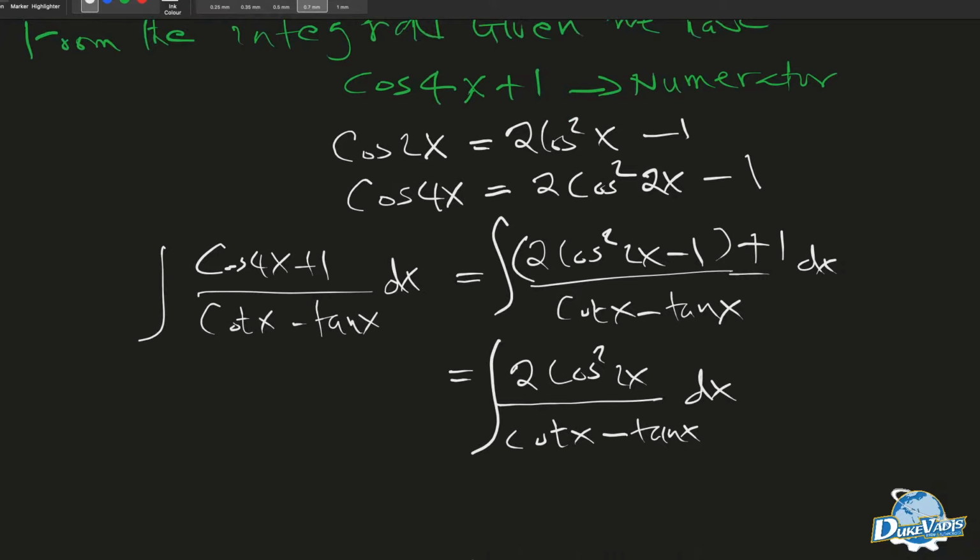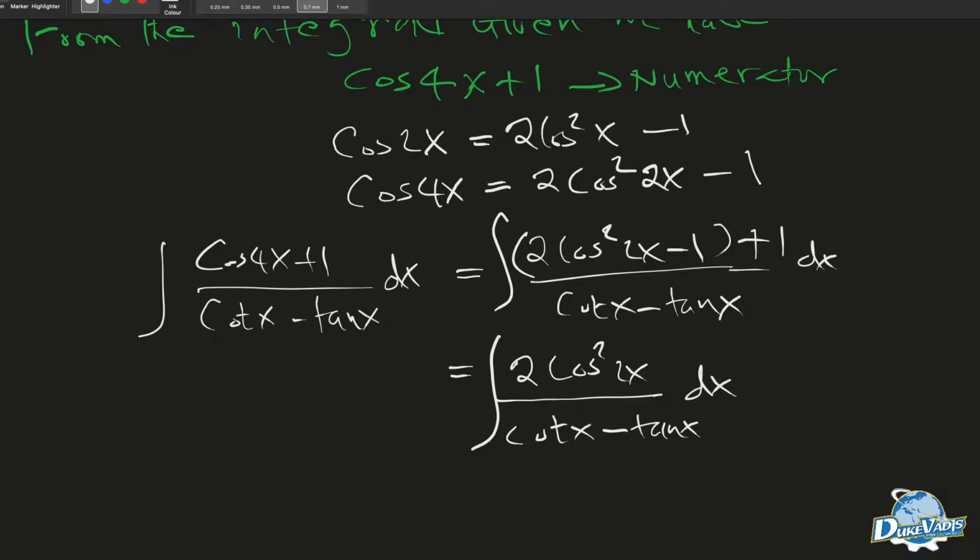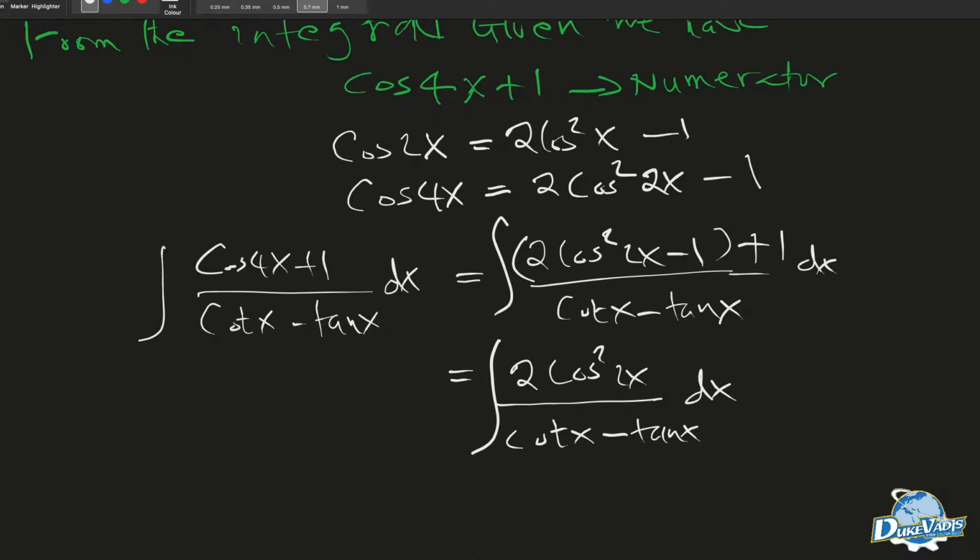Well, are we making headway? Somebody will say, well, we're getting there. Why? Because cotangent means 1 over tan.